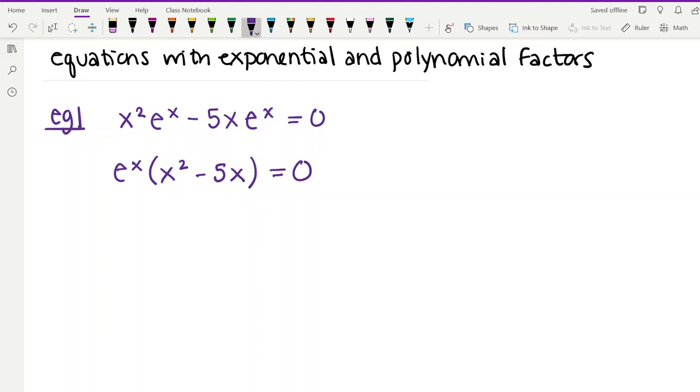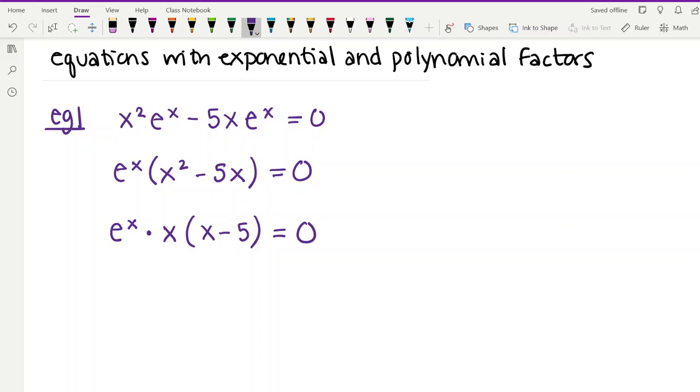And then we can actually go a little bit further, right? Notice that the part that is still in the parentheses still has a common factor of x. So we can pull out another factor of x. So we can now rewrite this as e to the x times x times x minus 5 is equal to 0.